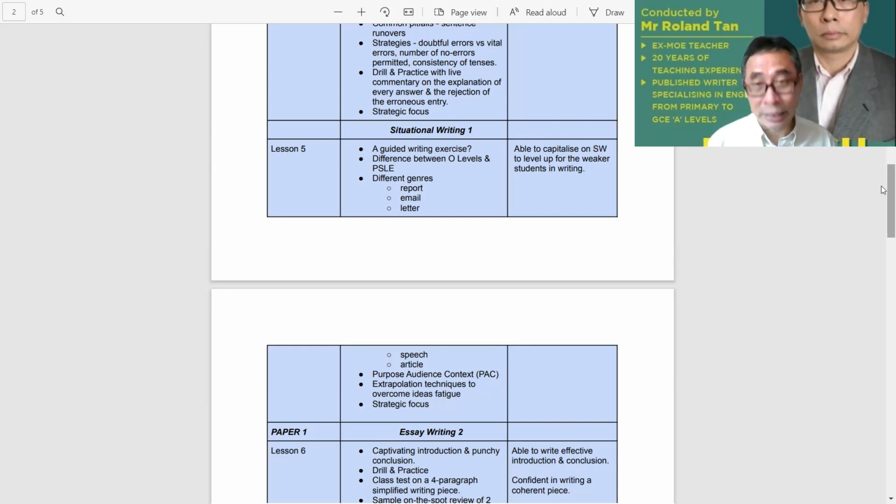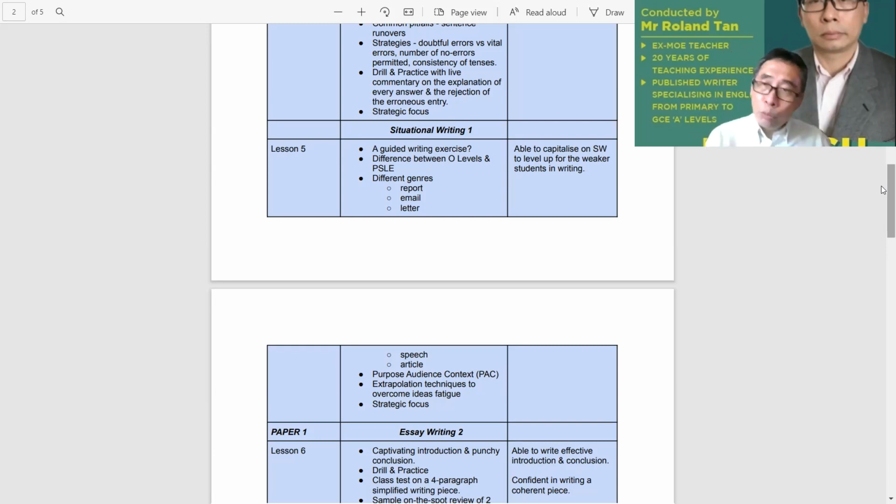Very unlike PSLE. And again, there are different genres. Okay, you have a report, email, letter, speech, article. Very importantly, for situational writing, you have to pay attention to the purpose, audience, and context, PAC.